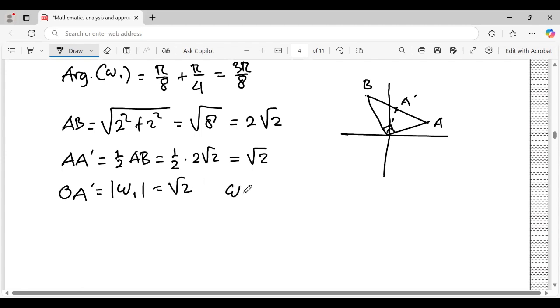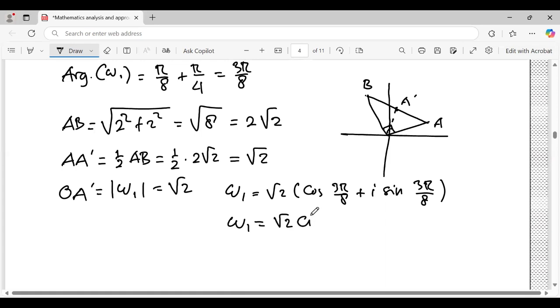So w1 equals square root 2 times cosine 3 pi over 8 plus i sine 3 pi over 8, or square root 2 cis 3 pi over 8. This one. Now, how about p and q?